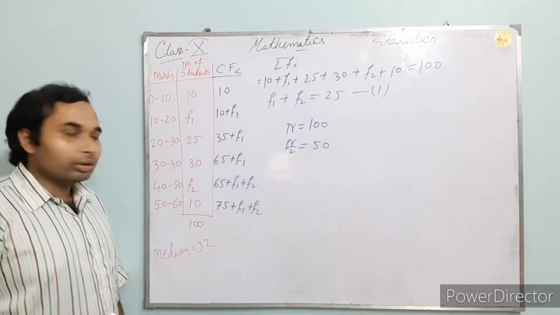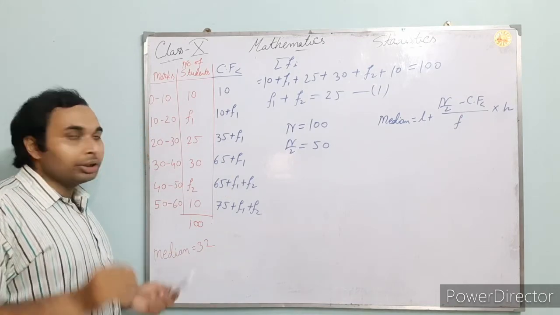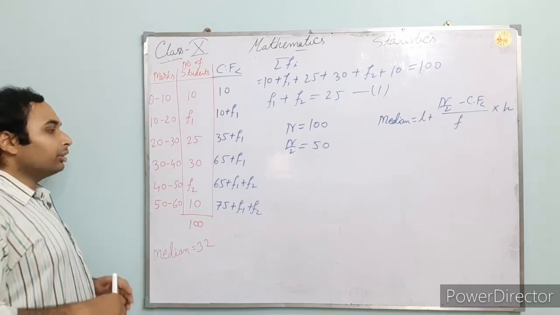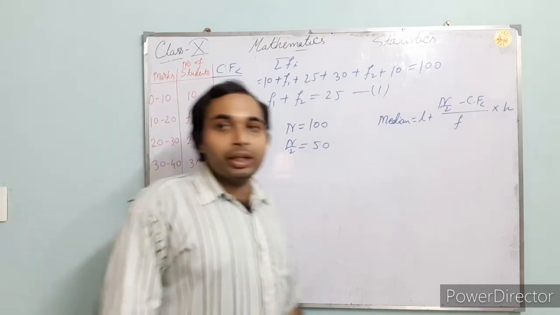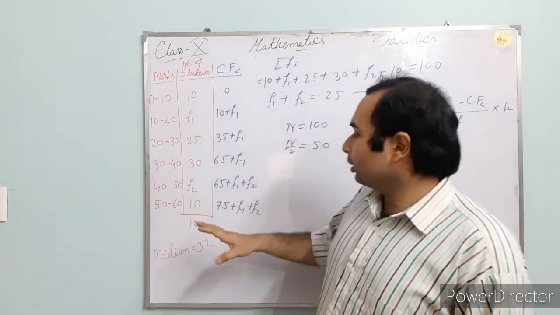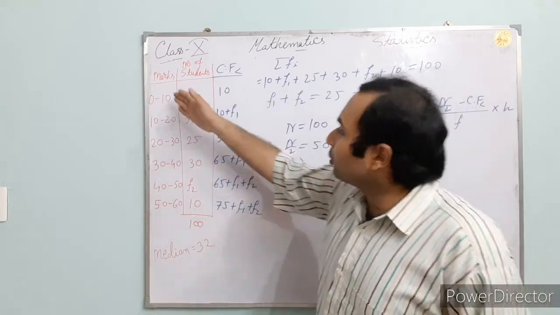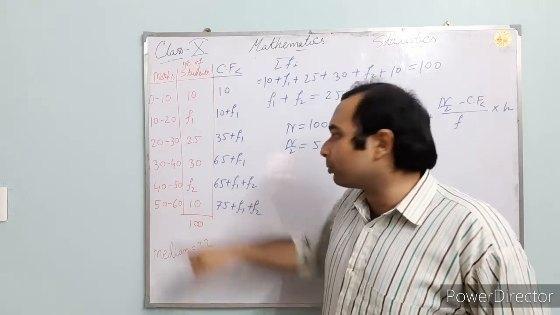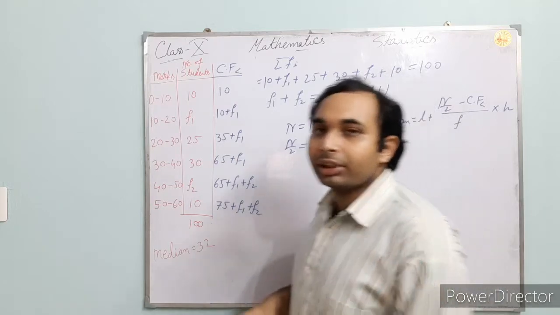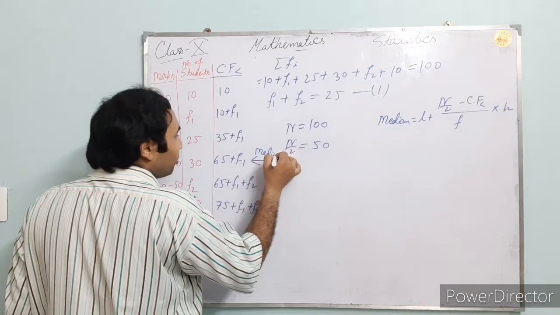Where will it fall? Actually, what's the literal meaning of median? Median means the middle value. So here the median is given as 32. We have to check in which range 32 is coming. So definitely within 30 and 40, 32 is coming. So obviously this will be the median class. No doubt should be there.